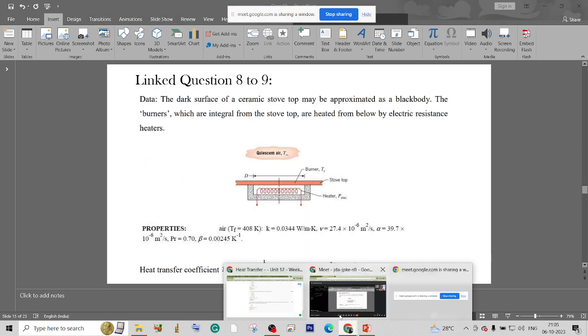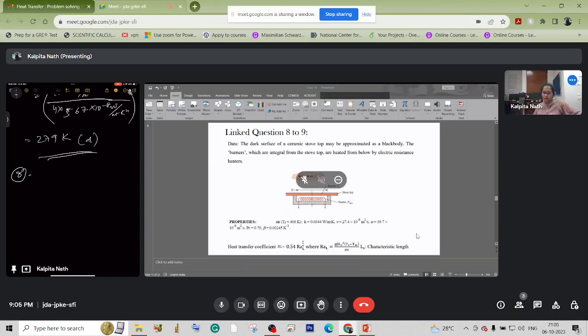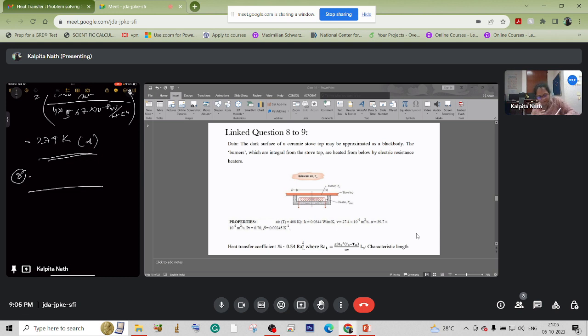This is the surface of the burner, and this is the resistance heater that is placed at the bottom. Electricity is applied here, and on one side there will be radiation loss, and on the other there will be convection loss.